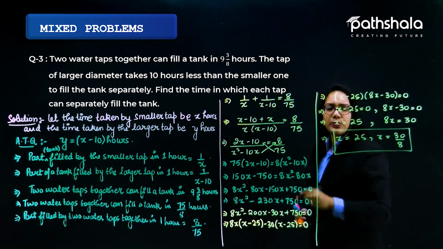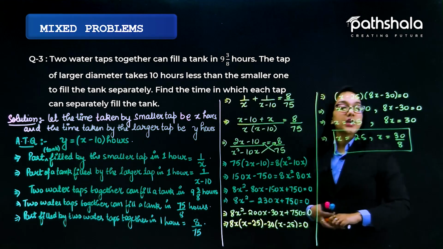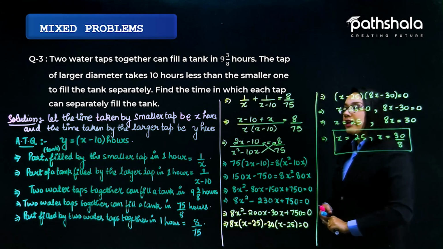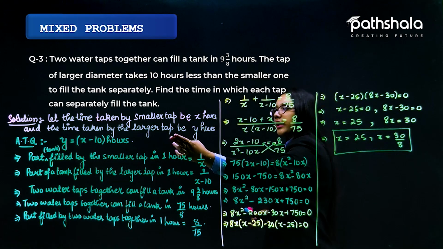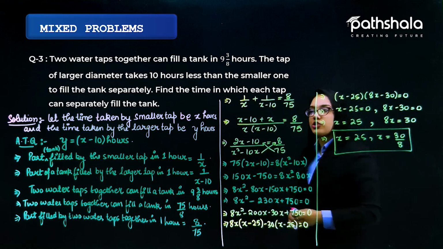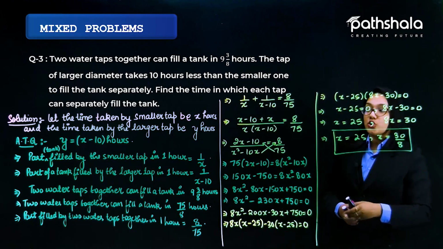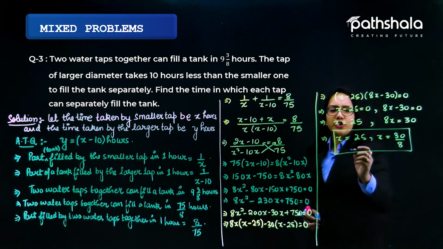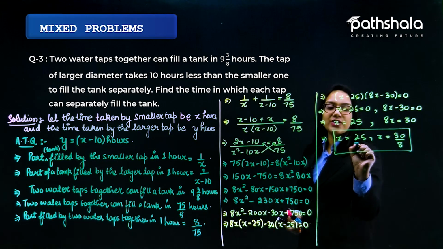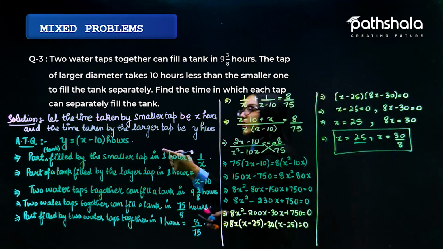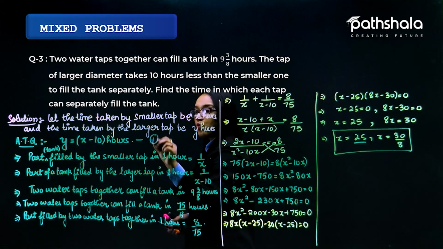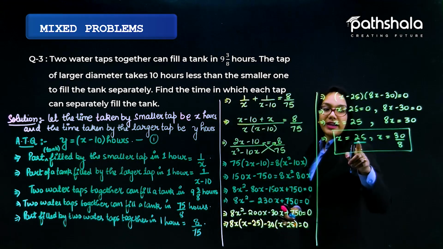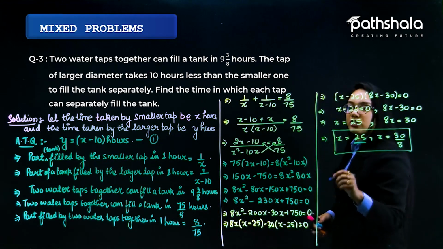Now let's substitute x as 25 and x as 30/8 in the second thing that we have, that the time taken by the larger tap was actually y hours. If we substitute the value of x as 25 in this particular equation, let us suppose I'm calling it equation 1.